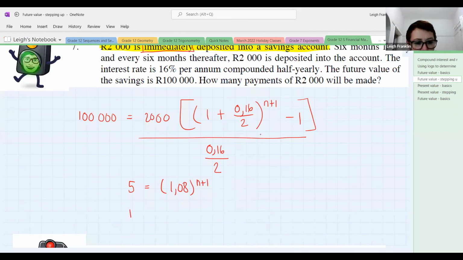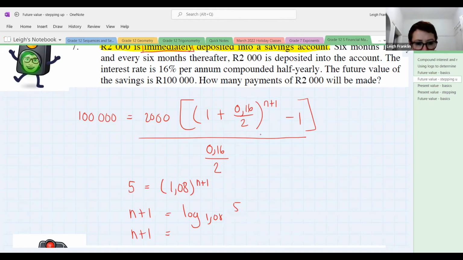That means n plus 1 equals log base 1.08 of 5.